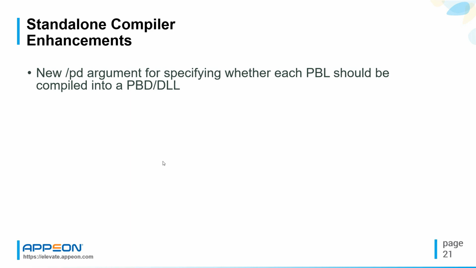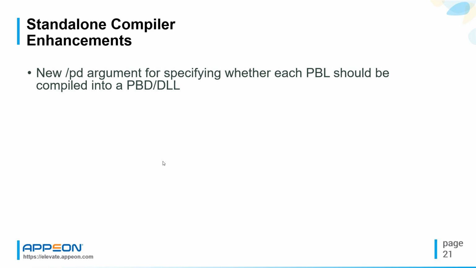The only thing they didn't cover was the ability to specify on a pibble by pibble basis whether you were going to create a PBD or DLL, or if you were going to put the code in the executable. And I suggested at that time that that's something Appeon was never going to implement.